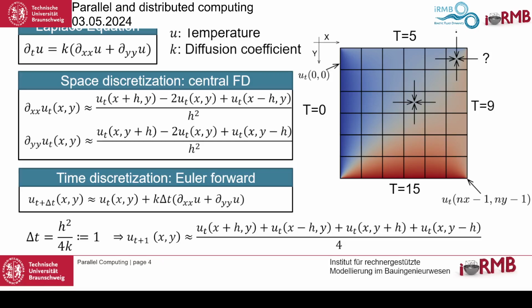So this is more or less the simplest way of solving such a problem. You see, it does no longer depend on the grid spacing, no longer on the diffusion coefficient, and no longer on the time step.